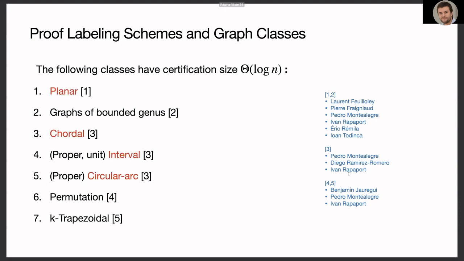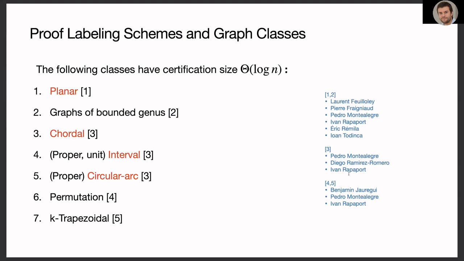And maybe the message of this talk is that even though it's not too complicated, I would say, to prove these results, each one of them requires an ad hoc algorithm.